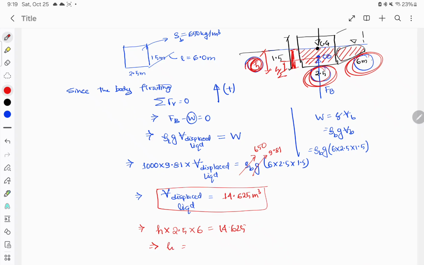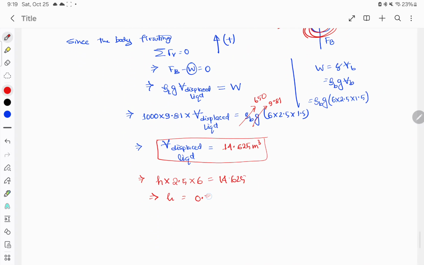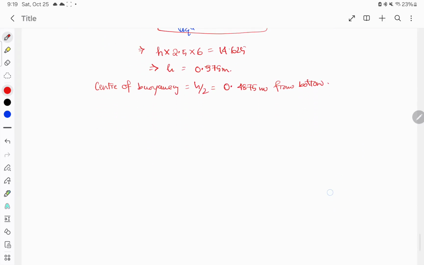Height will come out to be 0.975 meters, and as a result we can directly say that the center of buoyancy will be h by 2, which is 0.4875 meters from the bottom. Okay, so this concludes this question.